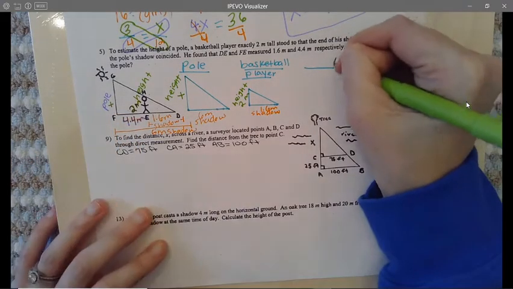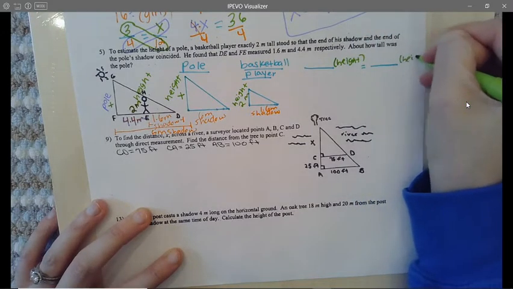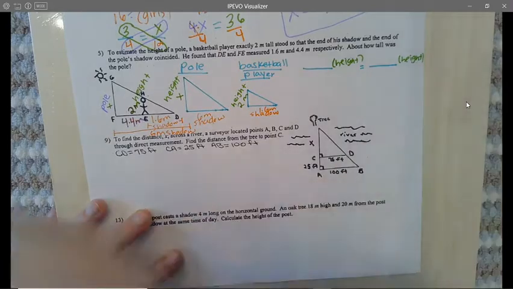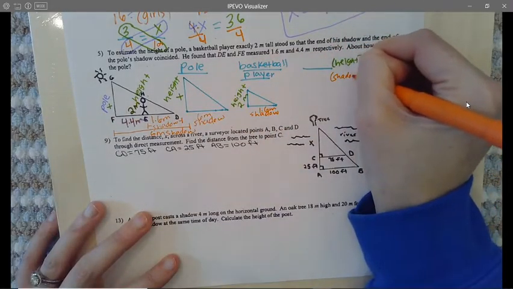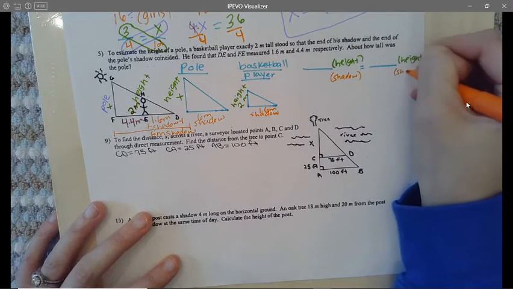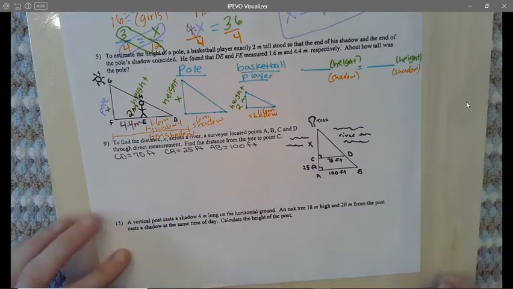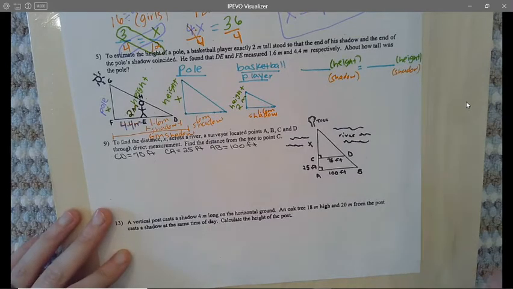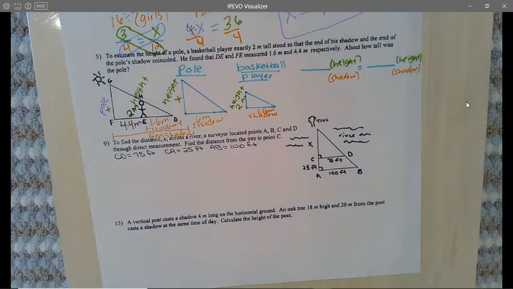So I'm going to put the height in the numerator. Height. And I'm going to put the shadow length in the denominator. So this is the shadow. Okay. So I'm going to start, it doesn't matter, again, you can start with the pole or the basketball player, doesn't matter.